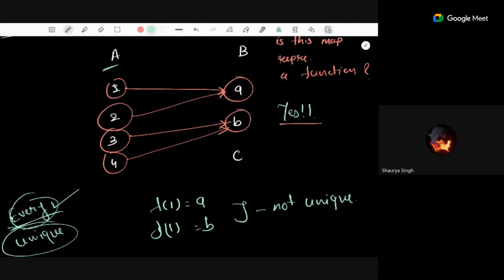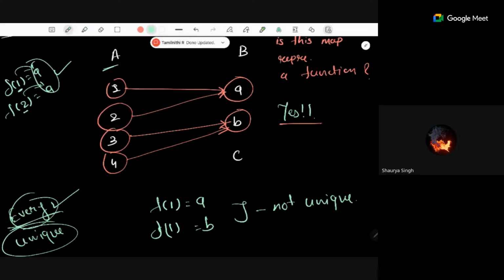But it is possible that an output can relate to more than one input. For example, here we are getting f of 1 equals a and f of 2 equals a. This is allowed in a function, because for an input you are getting a unique output, but it is possible that the output might be the same for two inputs.